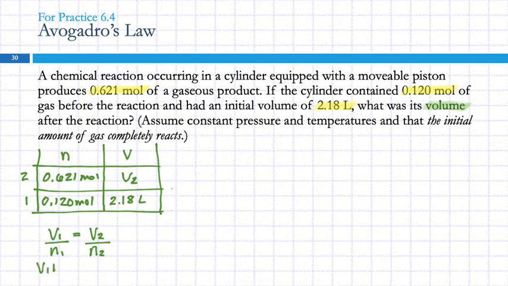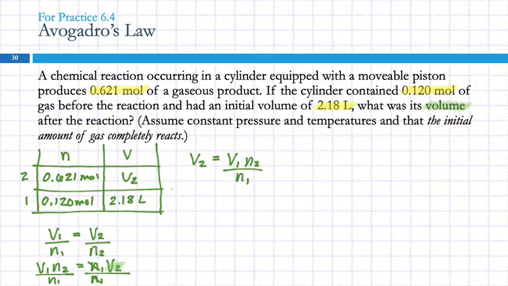So V1 times N2 is equal to N1 times V2. And then I'm looking for V2, so I need to divide by N1, so those cancel out, and do the same thing over here. And again, if that part gives you trouble, please come and ask me, and we will figure it out and make it make sense to you.